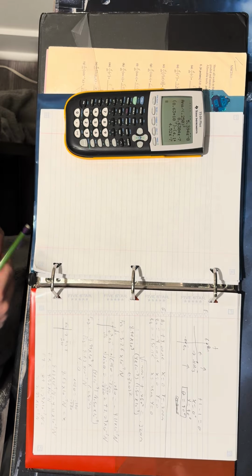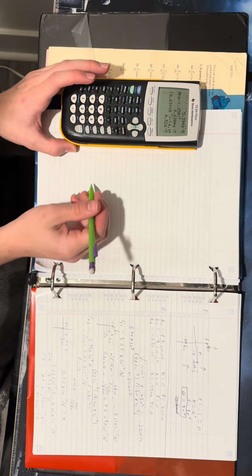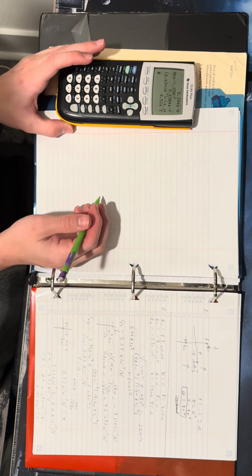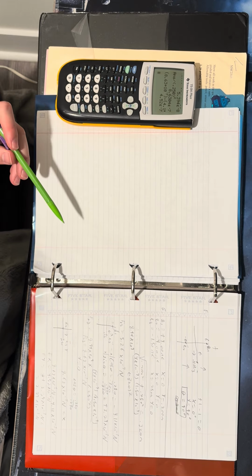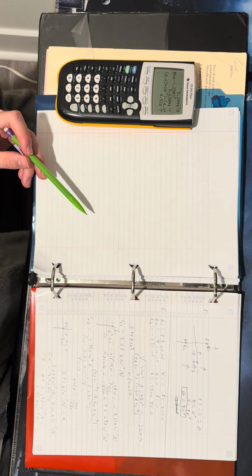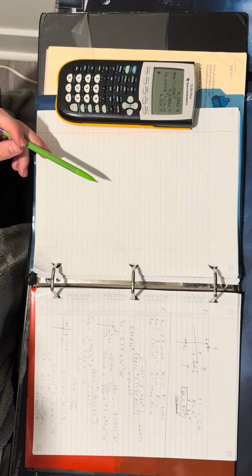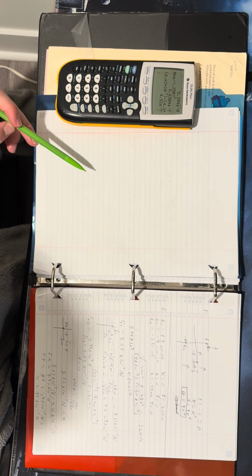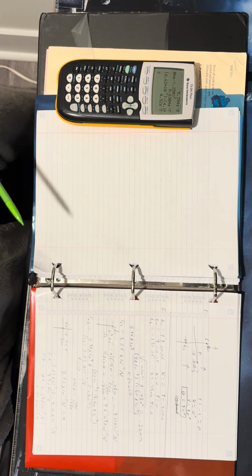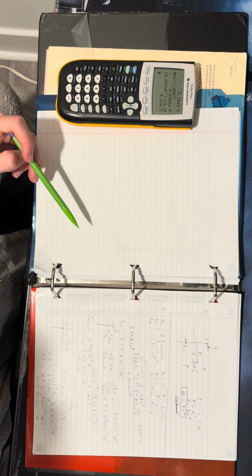Okay. I'm gonna write my answer right over here, just because I ran out of space. But let me check. Does it want it in micronewtons? I guess it does. Okay.